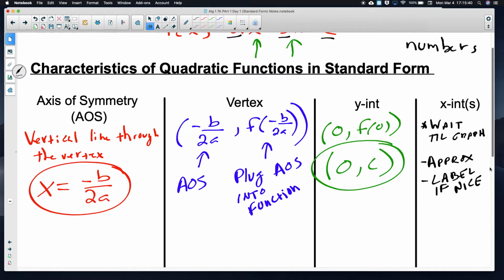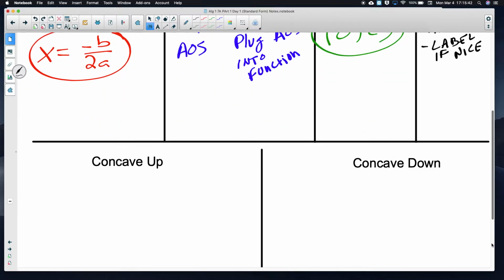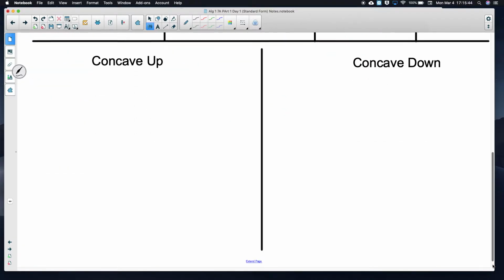We're also going to talk about concave up and concave down. How can I tell whether my graph is going to open up or open down? Remember, concave up, your parabola is going to look like this, and your vertex right there is going to be a minimum. So how do I know whether my parabola is going to open up and my vertex is going to be a minimum? Well, the a value has to be bigger than 0.